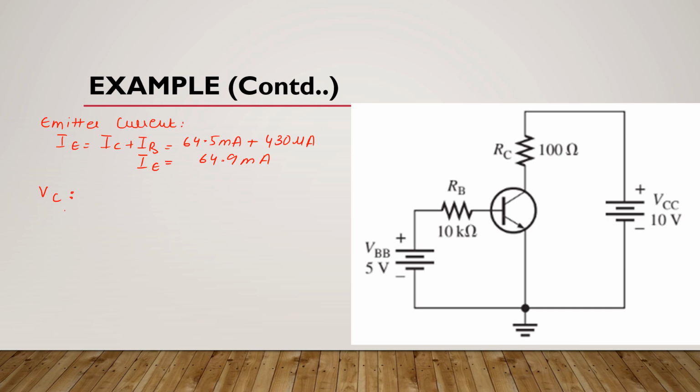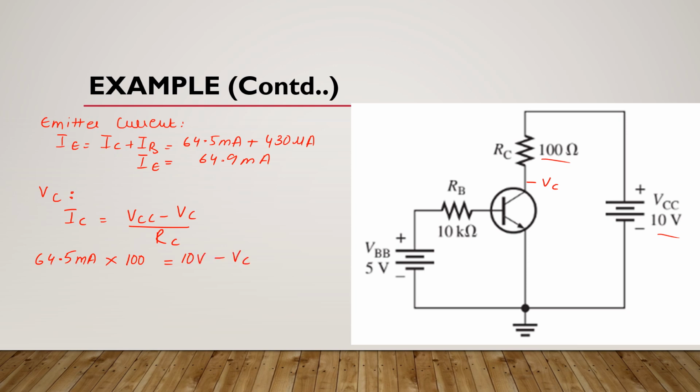So we use this equation IC is equal to VCC minus VC divided by RC, because we know that here we have VC. Now we know IC is 64.5 milliamperes, and this RC is 100 ohms, and this VCC is 10 volts and this is minus VC.